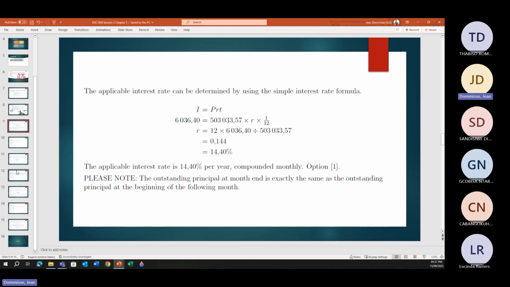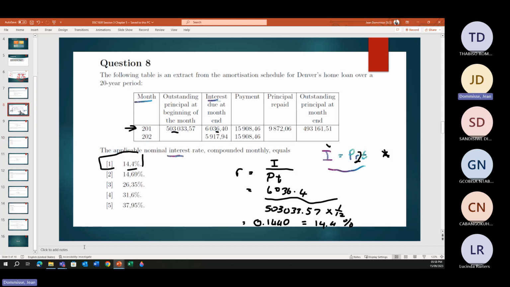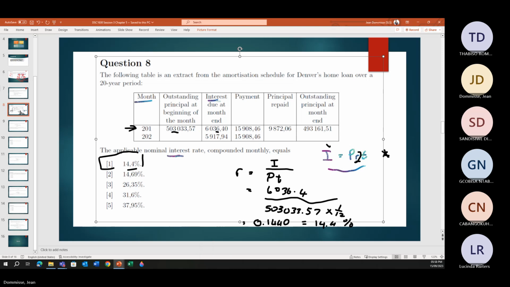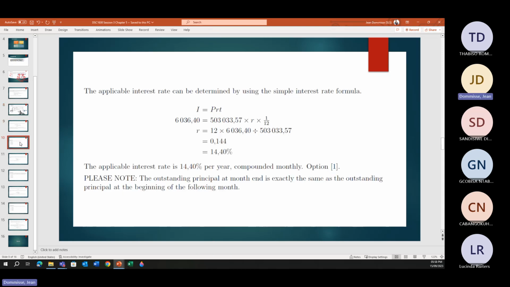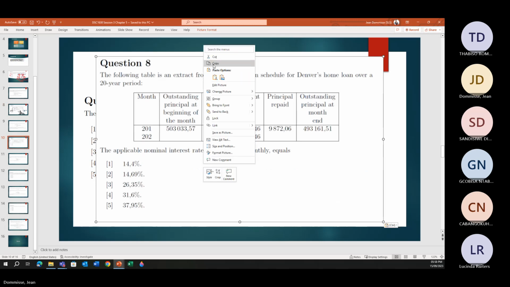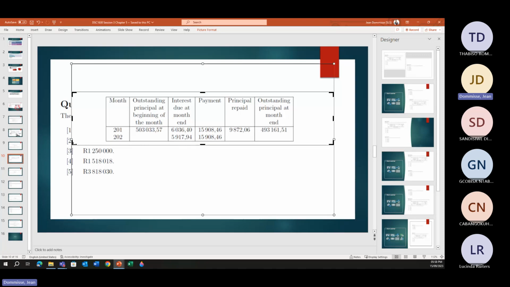Okay, so a question from nearly that first part. Let me just copy that. Let's just add it in here so that we have the information.